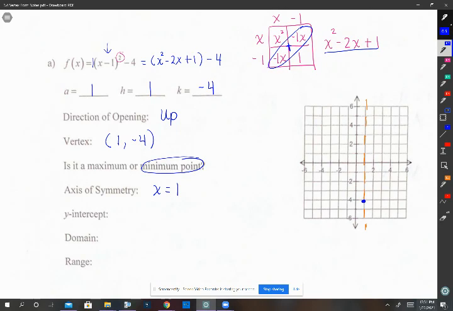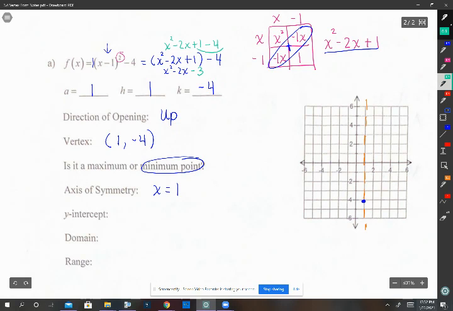So if I pretend that the parentheses are not there, then this is really x squared minus 2x plus 1 minus 4. I'm going to combine these last two numbers because I don't have to distribute anything. So 1 minus 4 makes it so I've got a negative 3 here at the end.